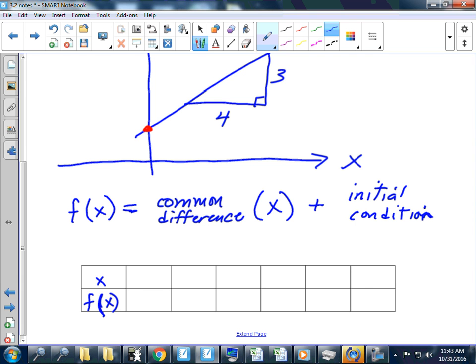And let's say we have x values like 2, 3, 4, 5, 6, and 7, and then f of x values of -8, -5, -2, 1, 4, and 7. We could have values like this.